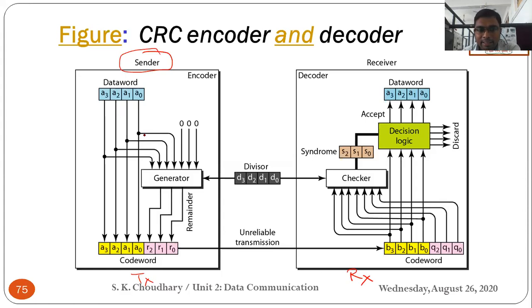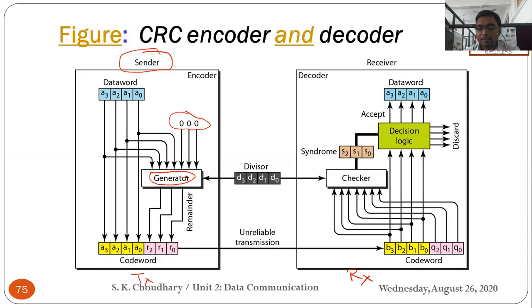And this message would need some arithmetic here, which means we have to append some zeros, and that is n minus k bits we have to add here. Then this becomes a complete message with the zeros added, and it would be fed to the generator.